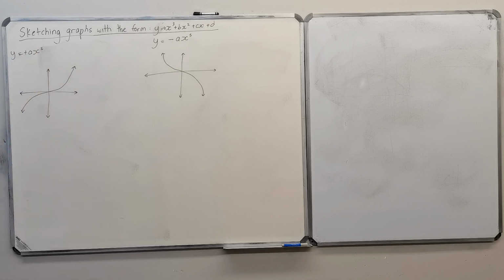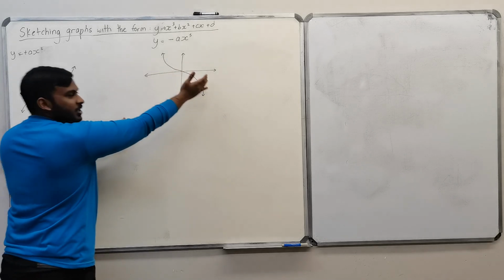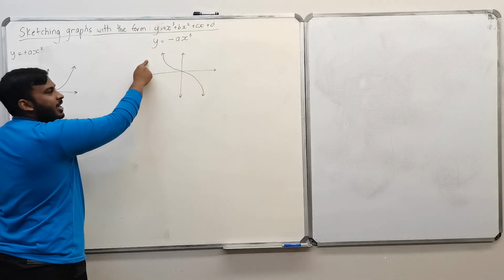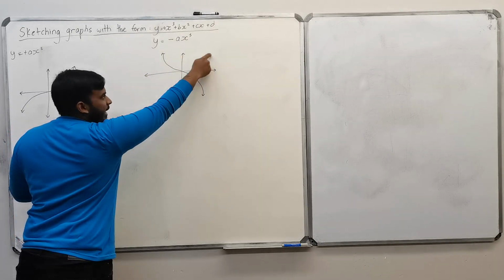And they do ask this question. Guess how many marks they asked this question for in last trimester's test? 6 marks, right? 6 marks. They told you plot the graph of positive ax cubed and negative ax cubed on the same axis. So all you would have done was you would have plotted this on top of this, and you would have called this negative ax cubed. You would have called that side 1.